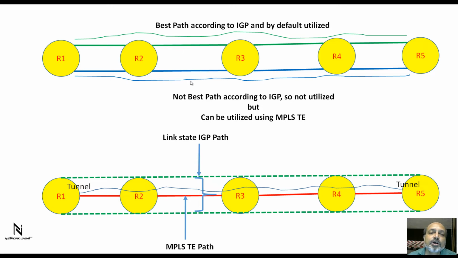Understood? So whether a particular path will become preferred or not depends upon its priority value, not on its path option value. Its setup priority and hold priority will decide whether this path will be the supreme path or not.